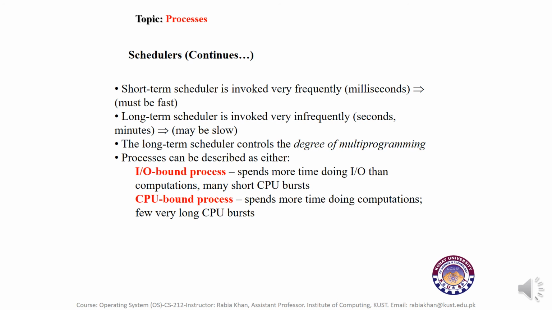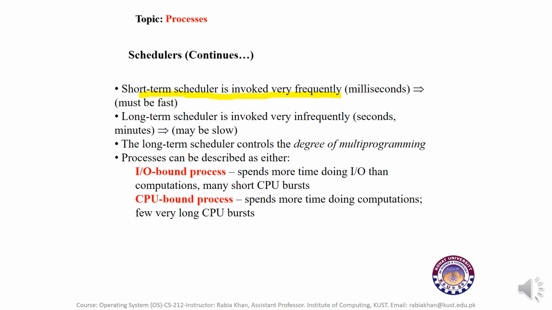Now, why is the short-term scheduler known as short-term and why is the long-term scheduler known as long-term? The short-term scheduler is generally invoked very frequently. You open so many processes at a time and they are stored in a queue in RAM.